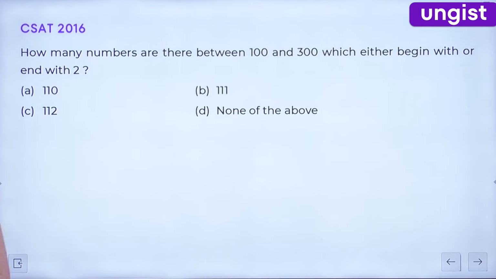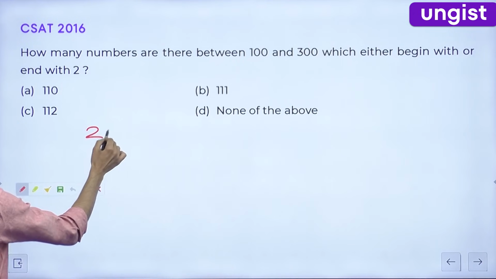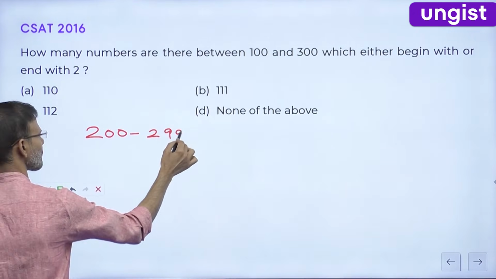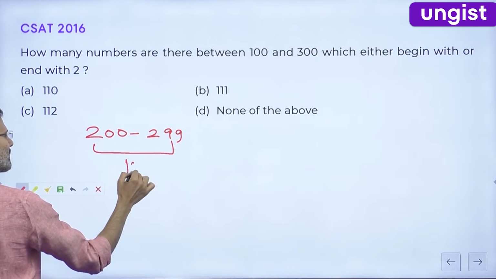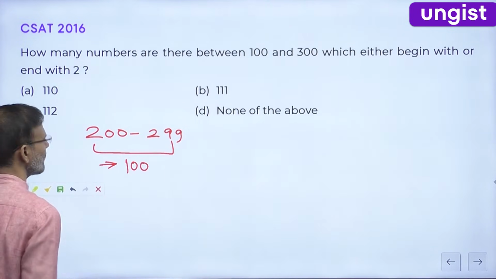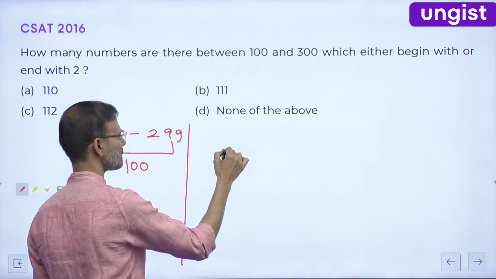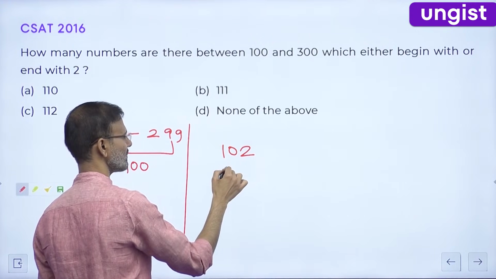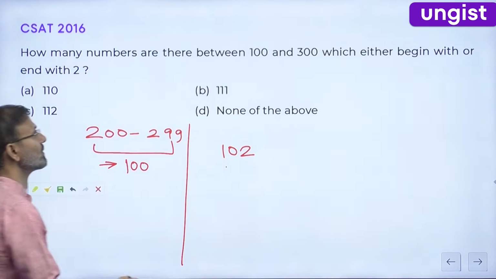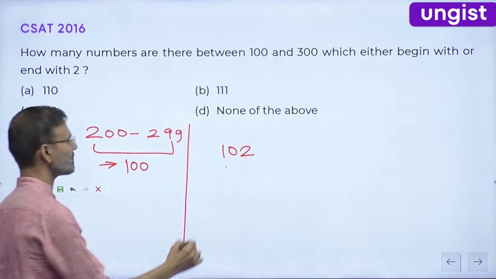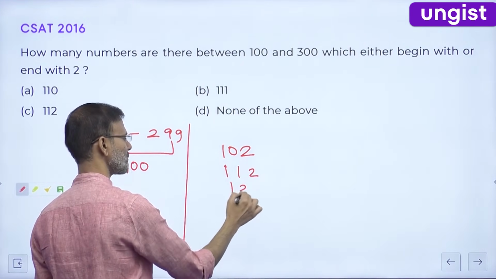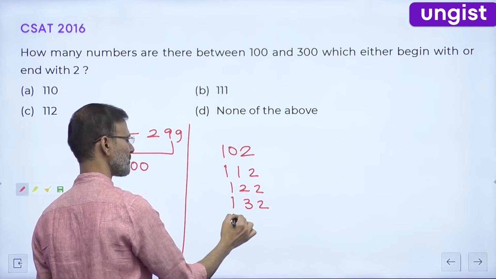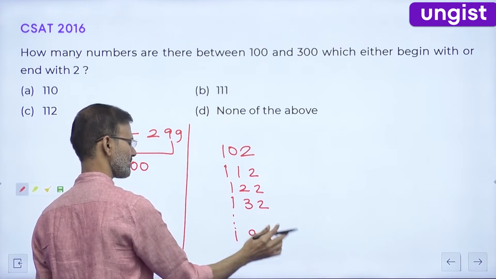Begin with 2 means what? 200 to 299, right? How many such numbers, guys? 200 to 299, they are 100 numbers. So these begin with 2. End with 2: 102, 112, 122, 132, up to where, guys?